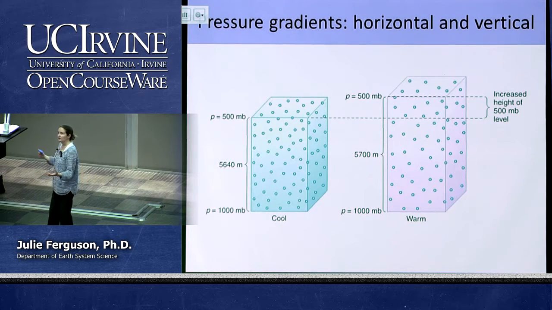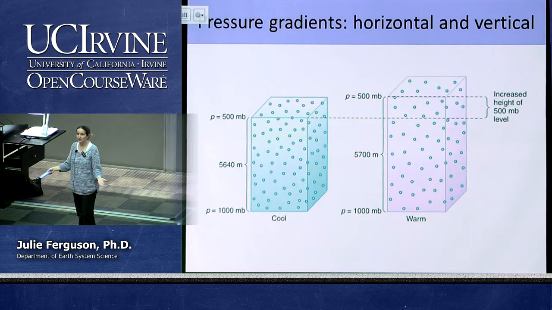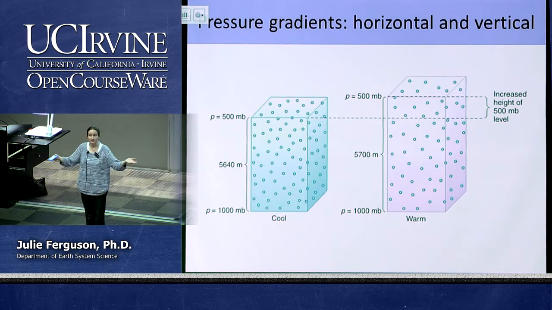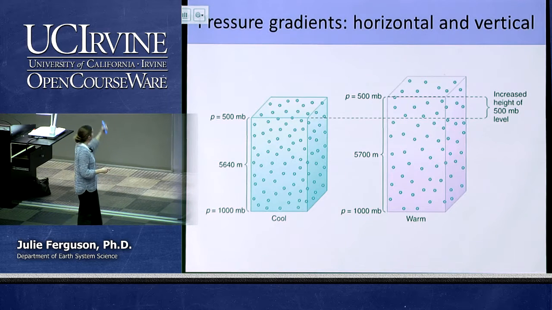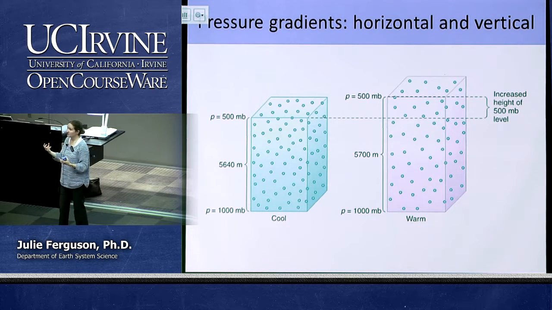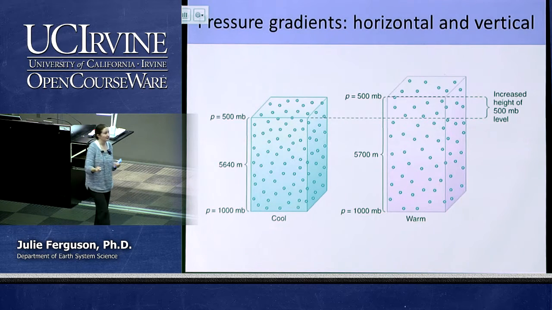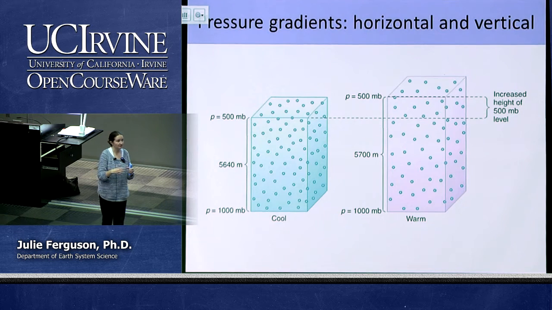But then that different temperature in those different places affects how much drop in pressure we see as we go up in the atmosphere. And that's because in my cold location, those air molecules don't have as much energy. They're not moving around so fast. They tend to occupy a smaller space. They're packed closer together.